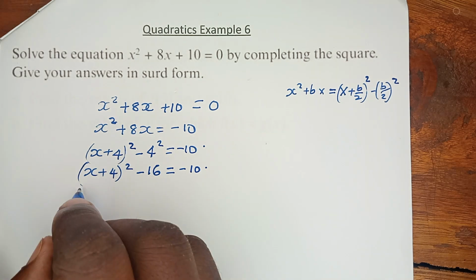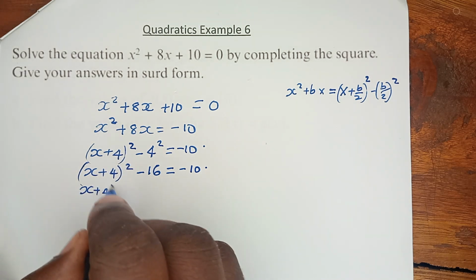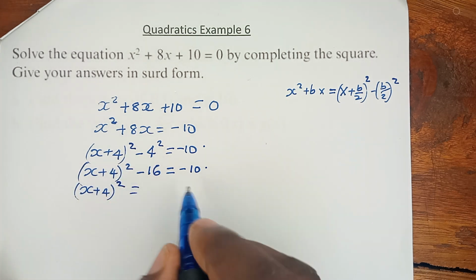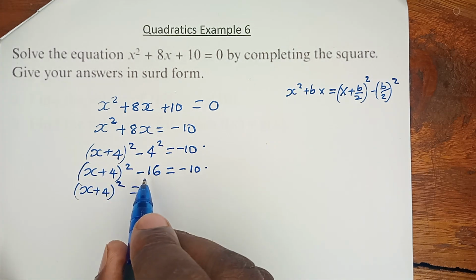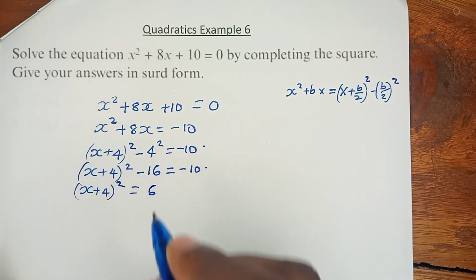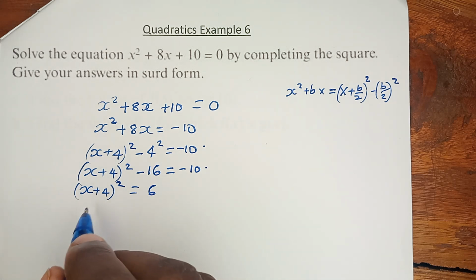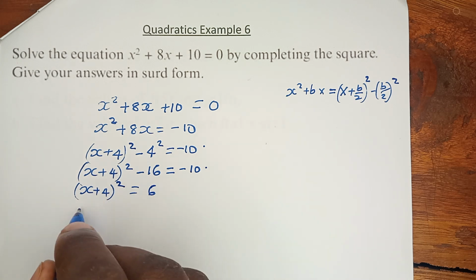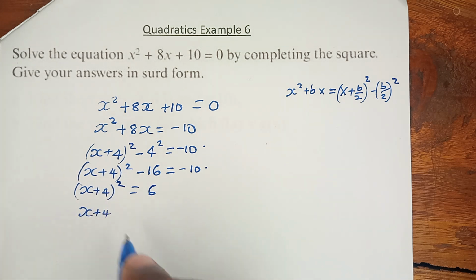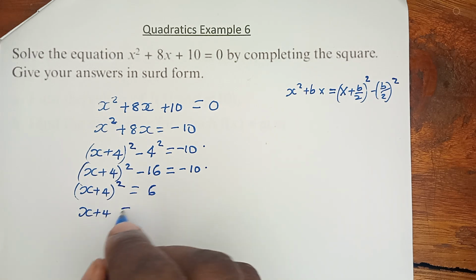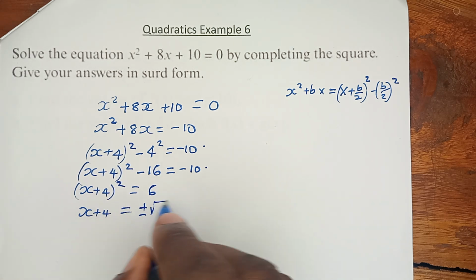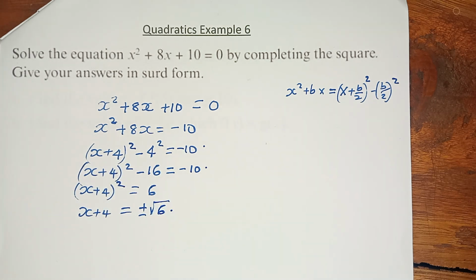So this gives us x plus 4 squared is equal to negative 10 plus 16, which is 6. We now have to look for the square root of both sides, giving us the square root of the left hand side, which is simply x plus 4, is equal to plus or minus the square root of 6.